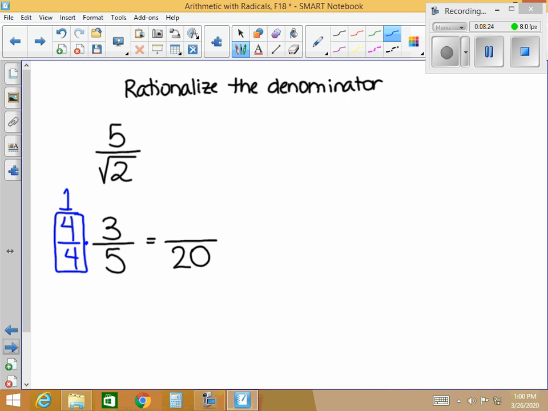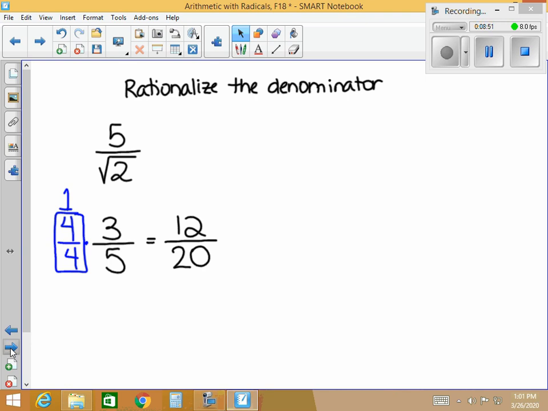If I multiply a number times 1, I have not changed its value. But when I multiply by this particular form of 1, I can change the way it looks. If I type 3/5 into my calculator, it's going to tell me that's worth 0.6. If I take 12 over 20 in my calculator, it's going to tell me that's 0.6. Multiplying by 1 does not change the value of the number I'm working with.